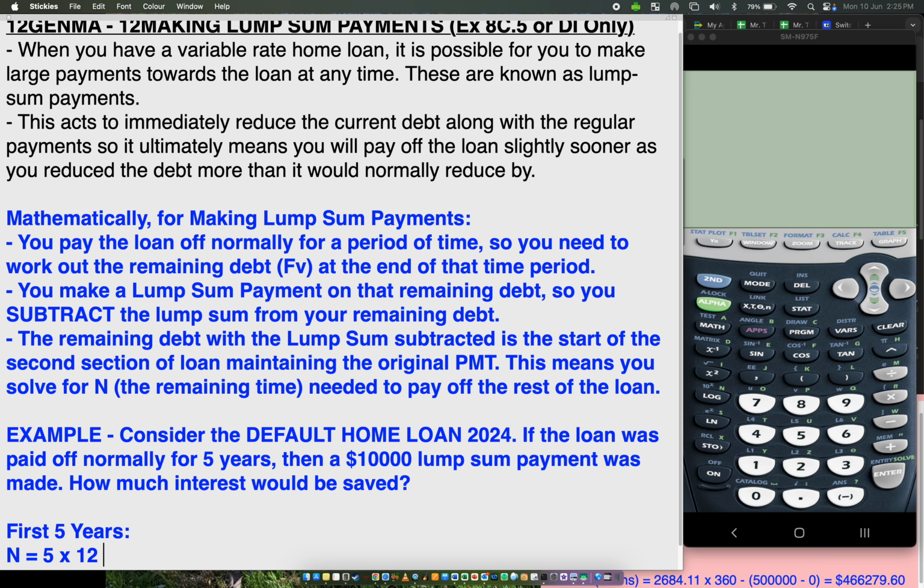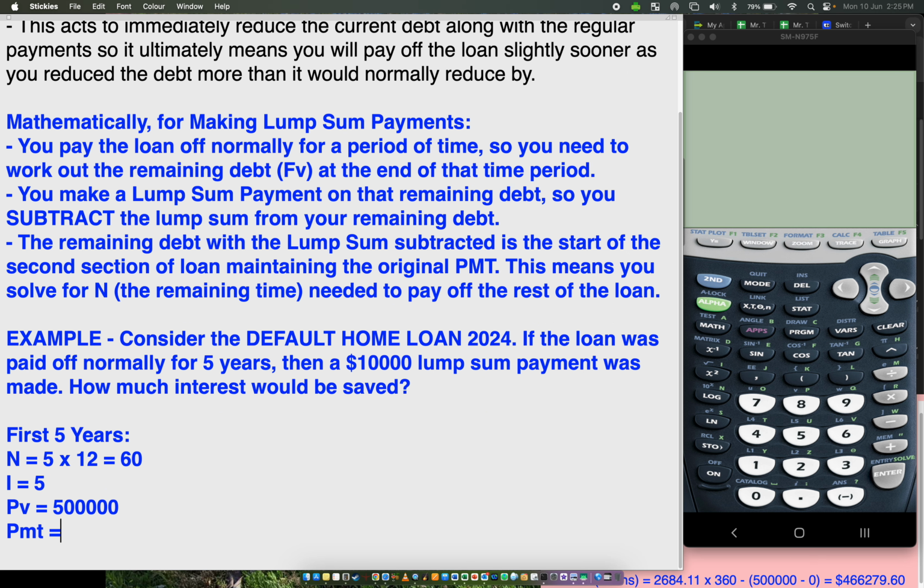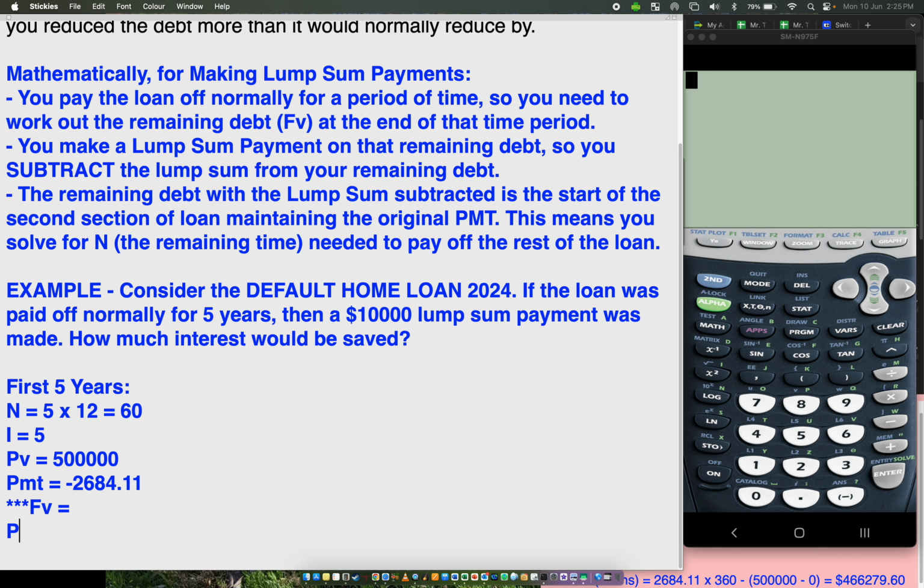5 years times 12 payments per year is going to be 60. Interest rate was 5. I had a loan of 500,000. PMT was negative 2684.11. FV is going to be solved for, because paying only for 5 years means I'm going to have a debt.